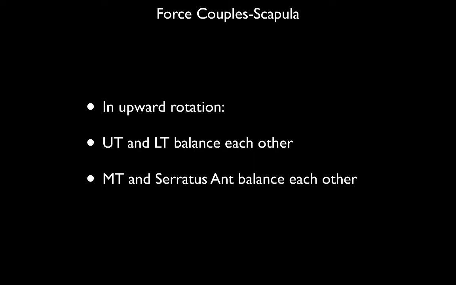But there has to be a balance so that there isn't too much elevation, and the lower trapezius provides the opposing vector into a downward pull so that the elevation isn't excessive, and the lower trapezius also contributes to upward rotation. So the lower trapezius balances the elevation of the upper trapezius, and both contribute to upward rotation.